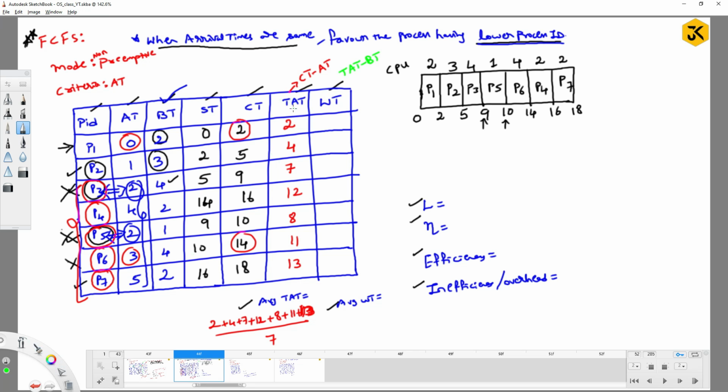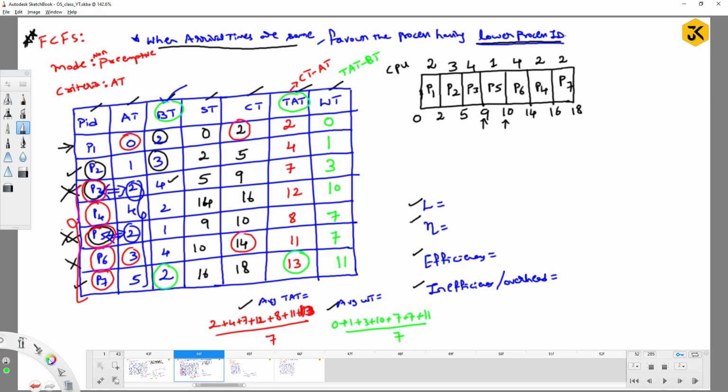So the waiting time of P1 is 0, P2 is 1, P3 will be 3, P4 is 10, P5 will be 7, this also 7, and this will be 11, because 13 is the turnaround time and burst time is 2. Average waiting time means 0 plus 1 plus 3 plus 10 plus 7 plus 7 plus 11, divided by 7. This is the average waiting time.